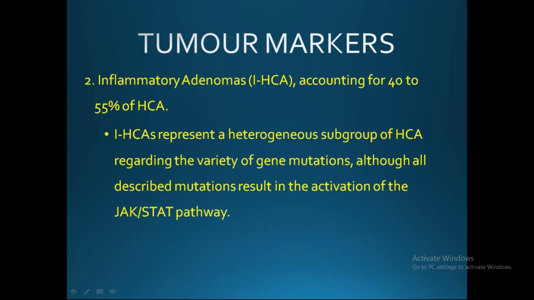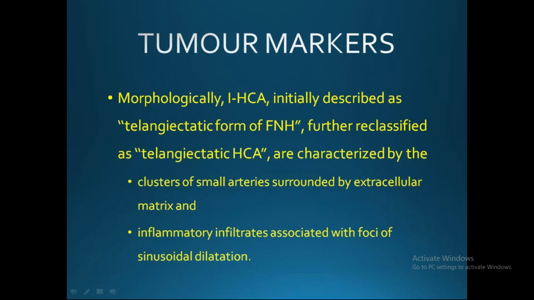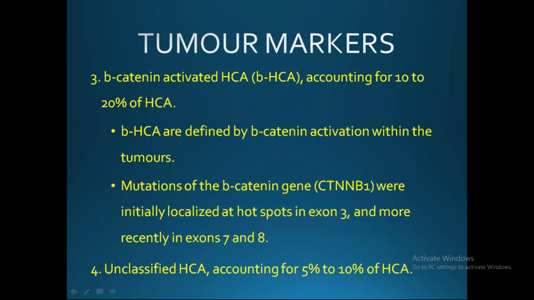All these things are too deep and are involved with the oncology subject. So just remember the genes and the pathways, that is JAK and STAT pathway, which is important for inflammatory adenoma, a subtype of hepatocellular adenoma. The same thing, B-catenin is a tumor marker.